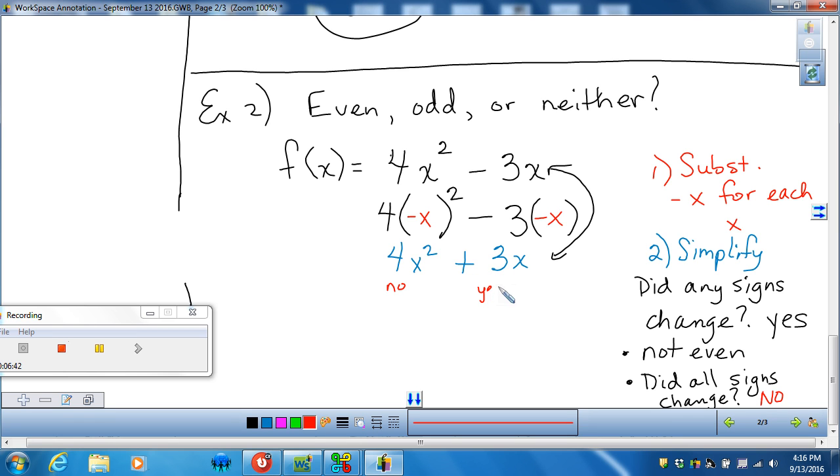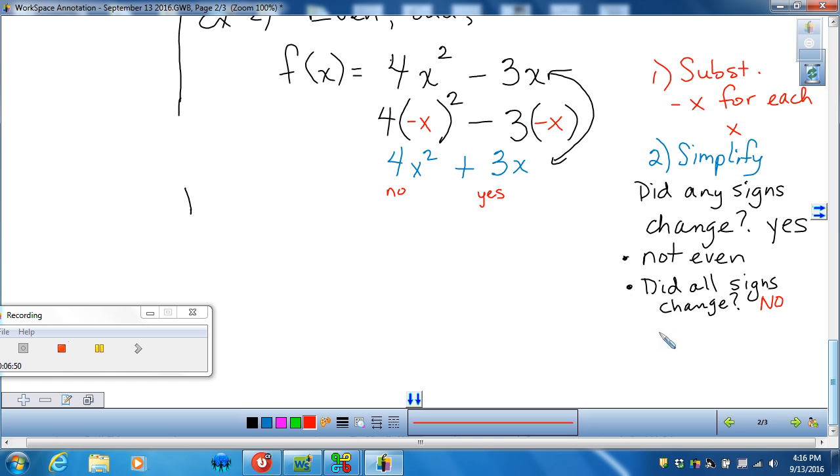That one did change. So the first one didn't, the second one did. Since all the signs didn't change, it's not odd. Therefore, my answer is neither. This function is not even, it's not odd, it's neither. Take a moment to record in your notes.